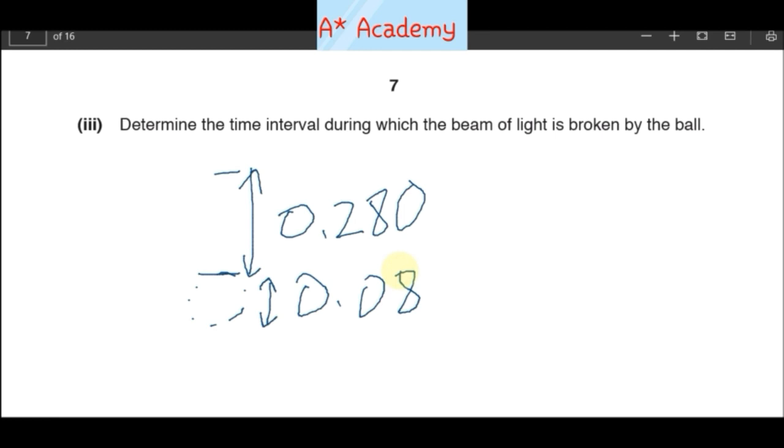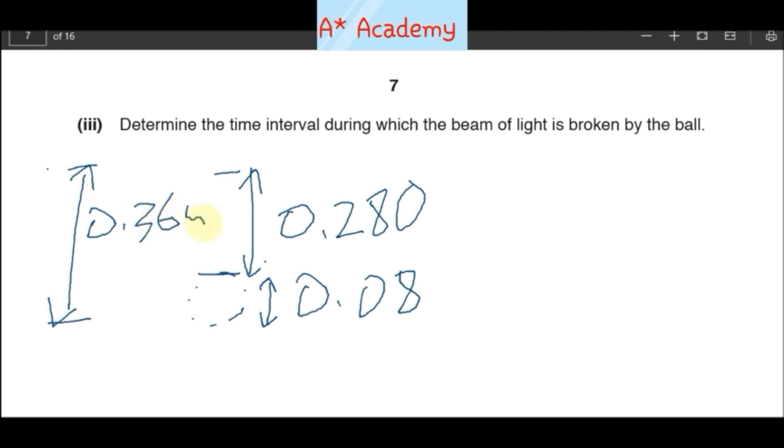The ball first falls through 0.28 meters, then it falls through an additional 0.08 meters, which is the diameter of the ball. So what is the time from when the ball is released? What is the time that the ball will take to travel through a distance of 0.36 meters?